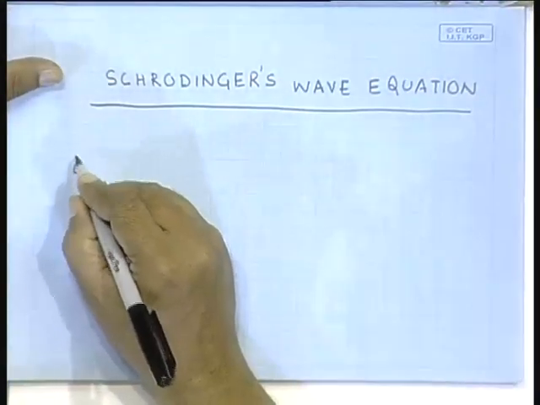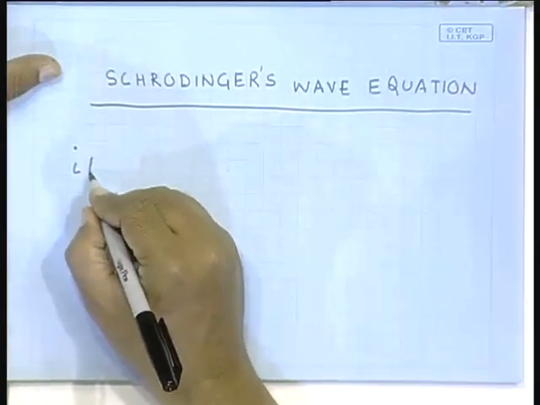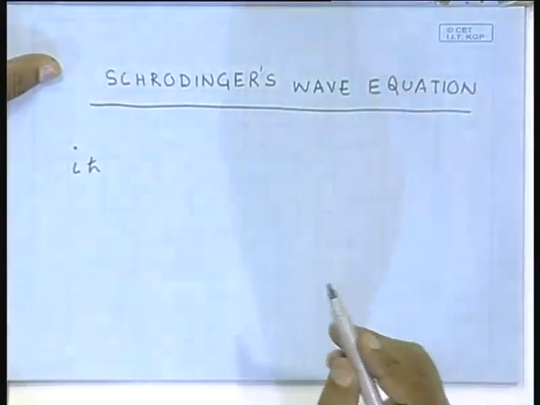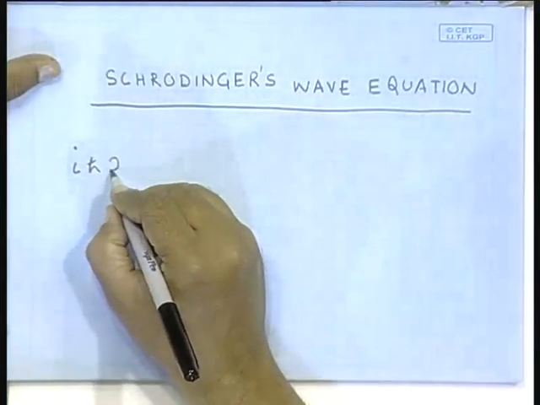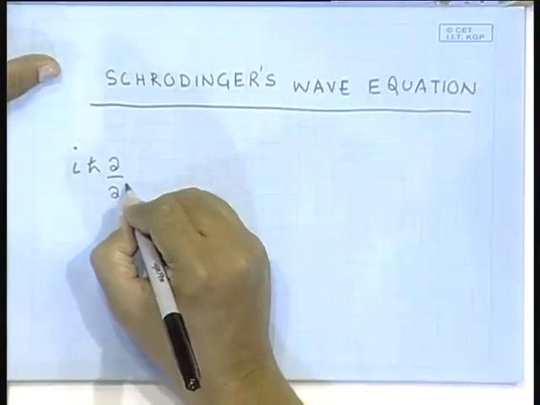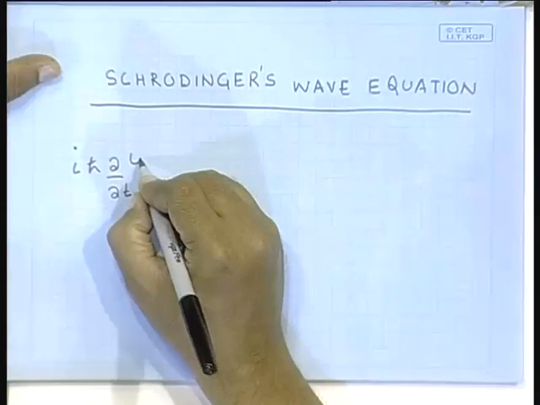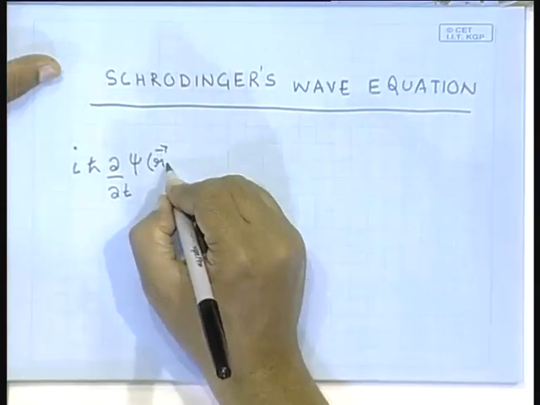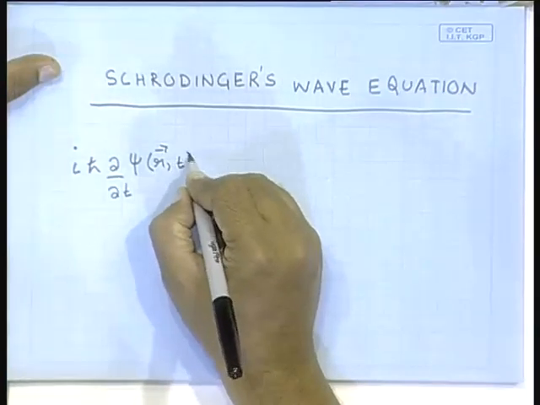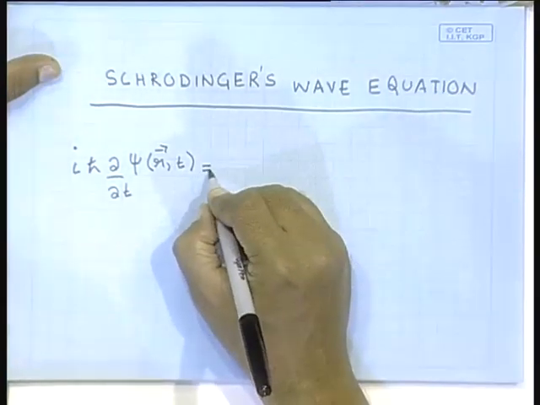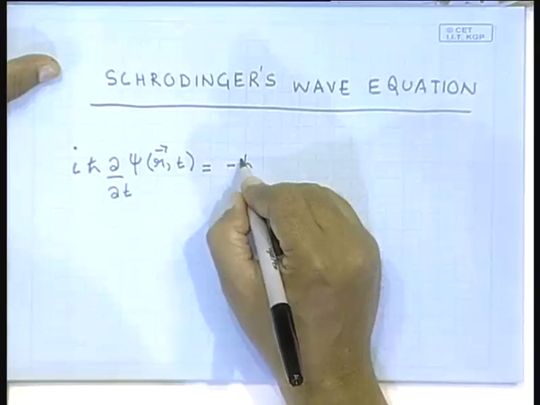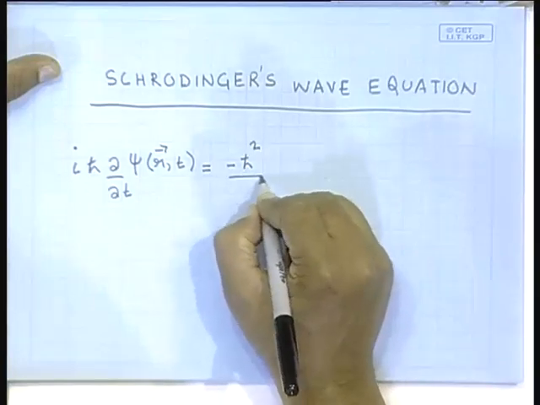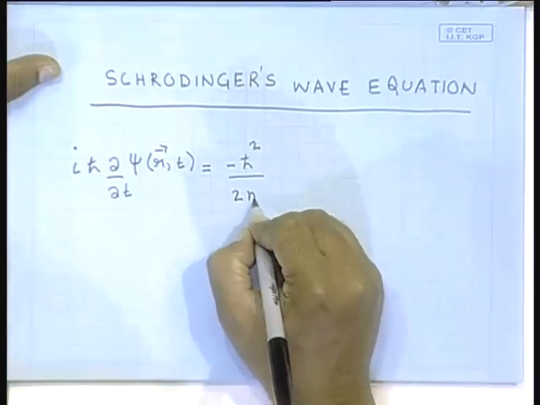So, for a particle which can move in all three dimensions, the wave equation is i h cross del psi by del t, where psi could be a function of r and t. This is equal to minus h cross square by 2 m, where m is the mass of the particle.